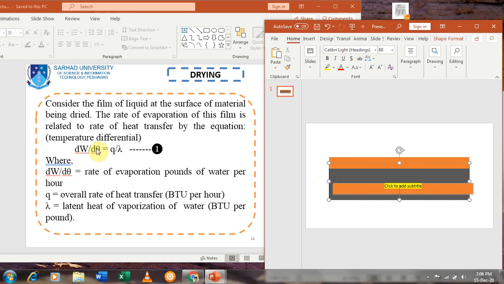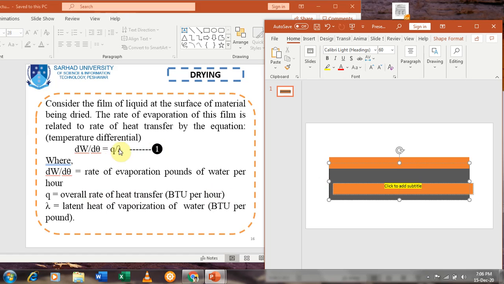We can put this into the form of an equation, designated as equation number 1: dW/dθ = q/λ, where dW/dθ is the rate of evaporation in pounds of water per hour, and q is the overall rate of heat transfer in British thermal units per hour, meaning the rate of heat transfer by conduction, convection and radiation supplied to this material.